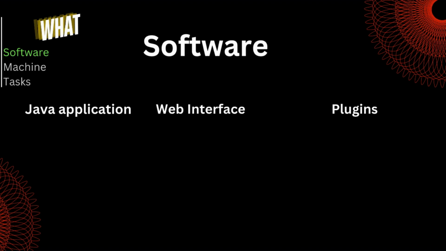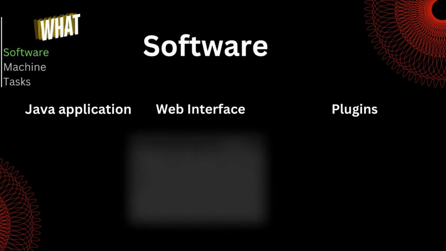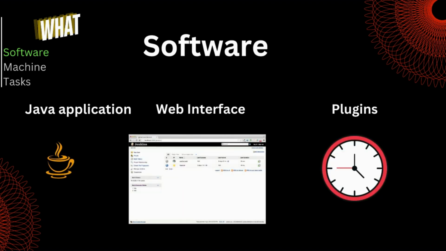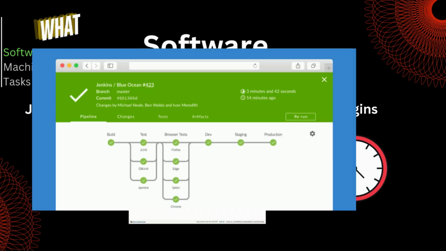So basically, Jenkins is a Java application and it is based on the Java programming language. And when we come to set it up, if we set it up manually, we need to have Java installed on our machine or on the server or virtual machine we are deploying on. And it also has an interface. It is a web interface that helps you navigate into your tasks and into your projects.